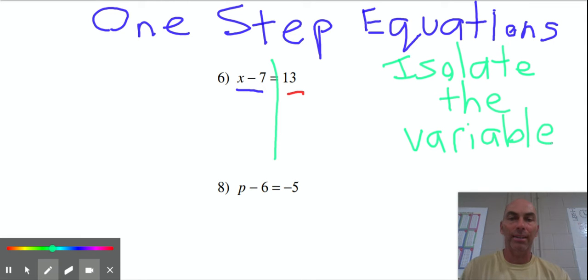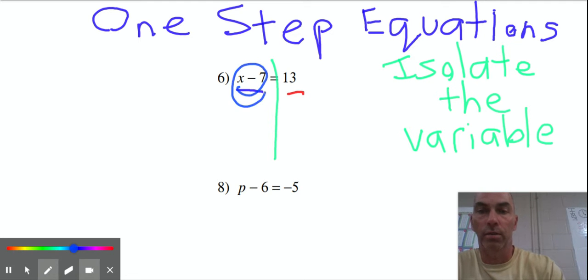Because the first thing we need to do, we have to isolate the variable, which basically means we need to get the variable by itself. So one side has to be only the variable, in this case the x. It has to be by itself. So what is on this side?